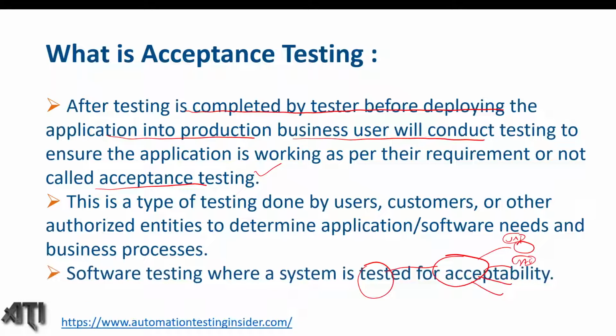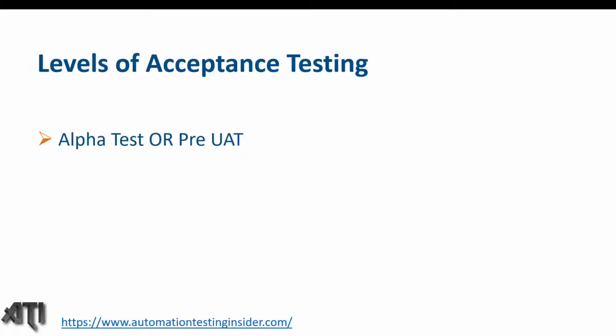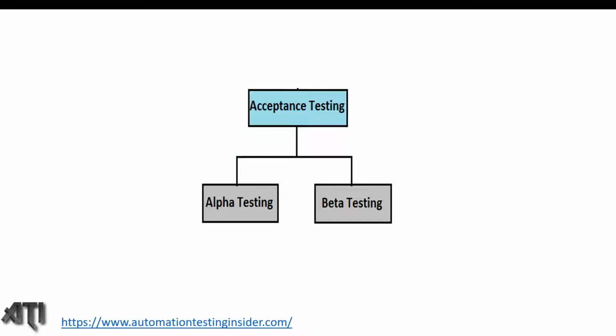Acceptance testing is software testing where a system is tested for acceptability, that is, whether to accept that software or not. That is evaluated using this UAT testing. What are the different levels of acceptance testing, guys? We have discussed two levels: alpha test or pre-UAT, and beta test or post-UAT. Here you can see alpha testing and beta testing.